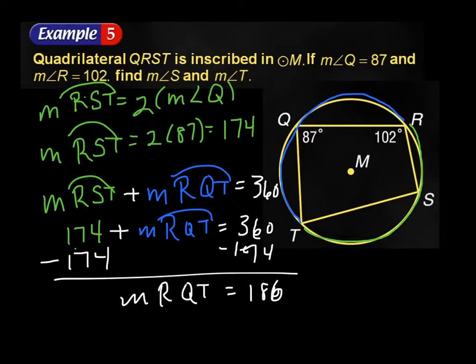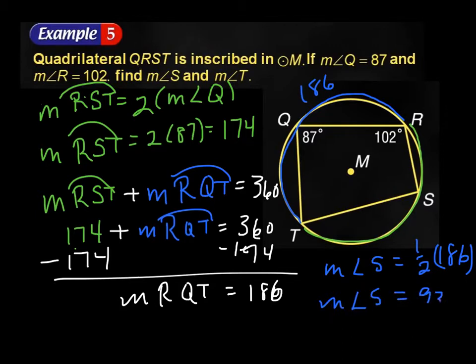And so if RQT is 186, angle S is inscribed in that. So the measure of angle S is 1/2 of 186, which is 93 degrees.